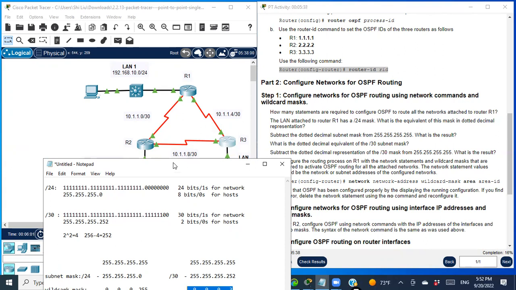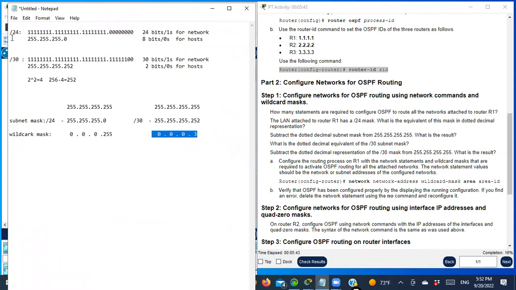Let's look here. /24 means there are 24 bits, or ones, for network and 8 bits, or zeros, for host. So the dotted decimal representation of /24 is 255.255.255.0.